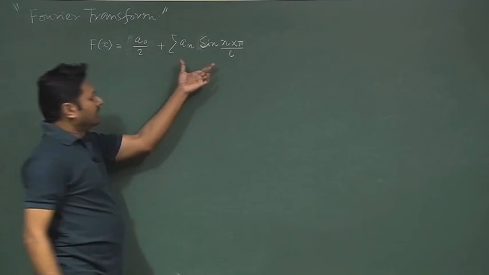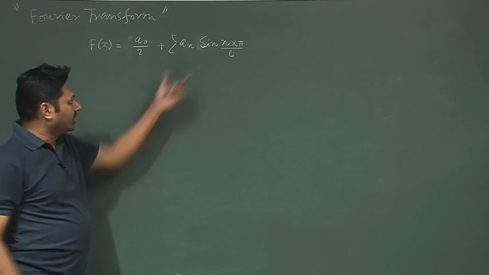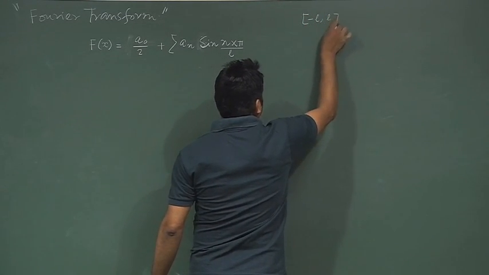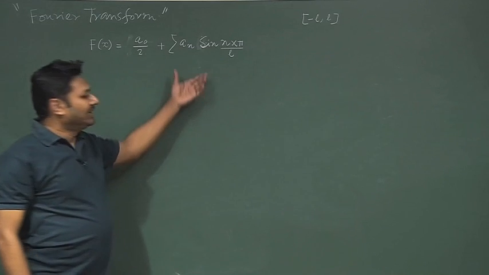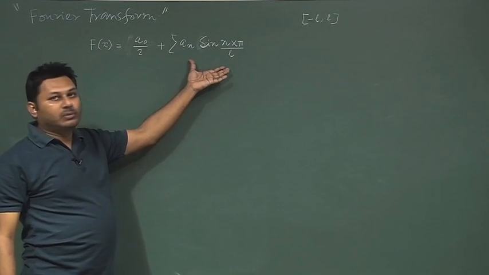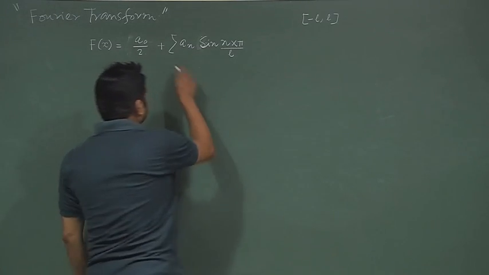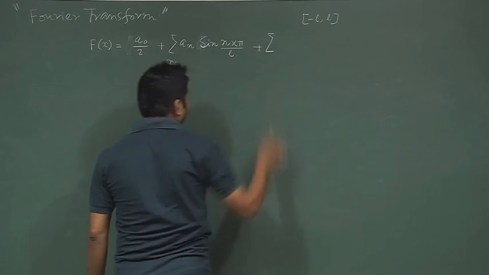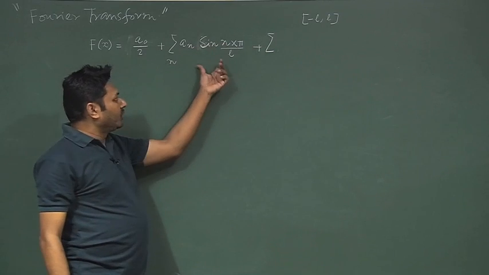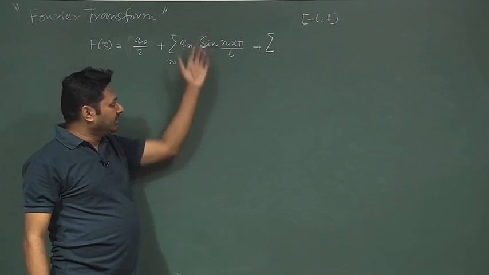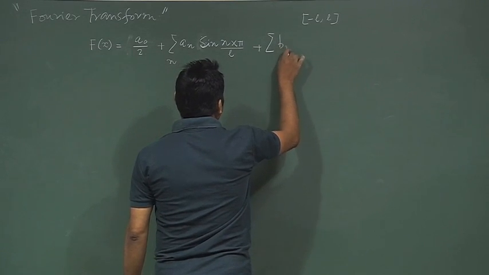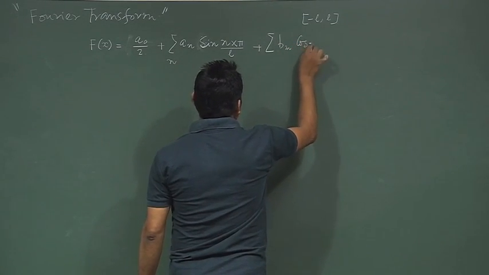I write it because my function here is defined from minus L to L. I am writing this notation because I have already introduced it. It is the same thing, but when the limit is not pi but L, then I need to rescale these things. That is the only difference between the previous thing and these.